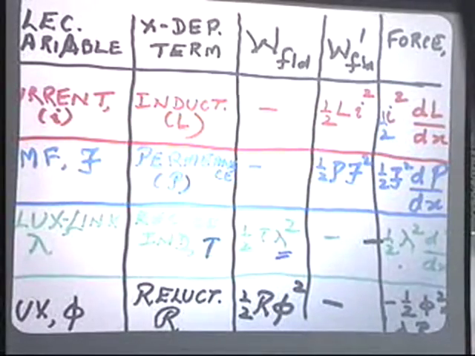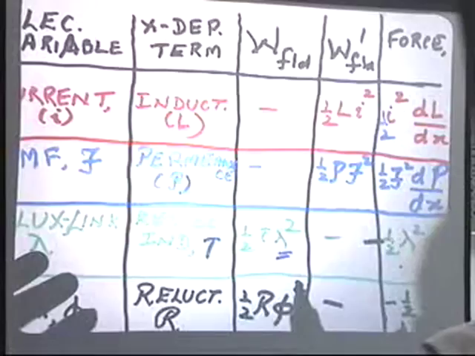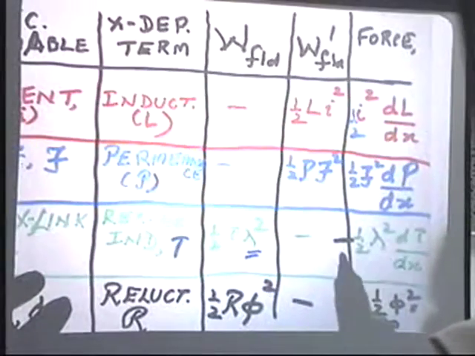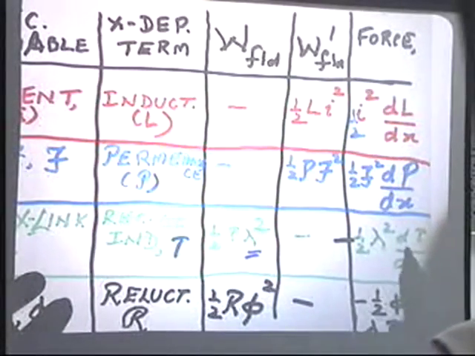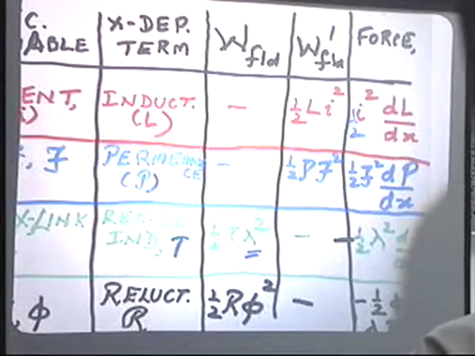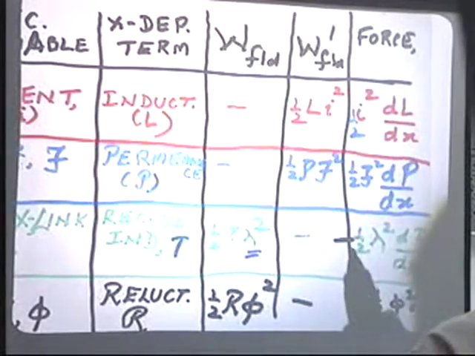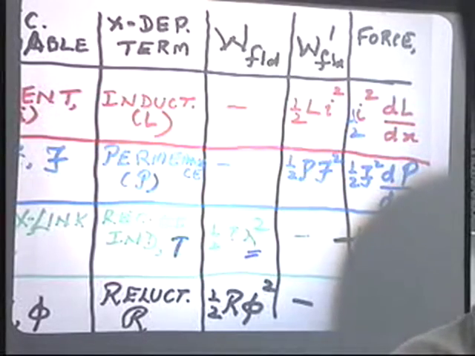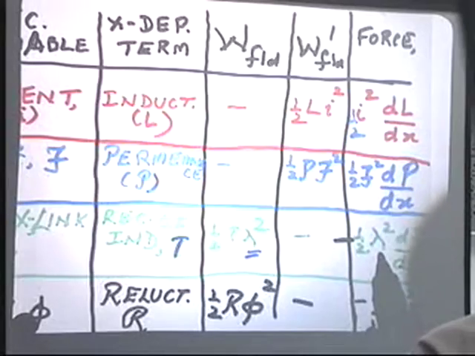Is it okay? Therefore, what is your force expression? Force expression is minus half lambda square into d by dx of that reciprocal inductance, tau. So please note that here you take minus. If you take plus, you get a wrong answer. You must take minus so long as it is in terms of lambda.